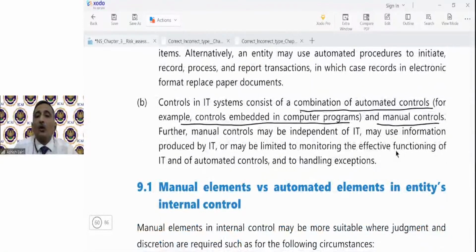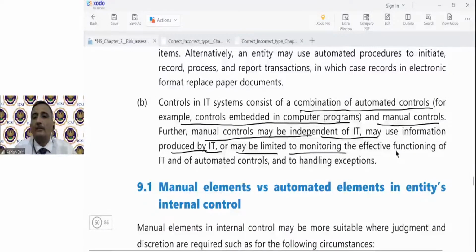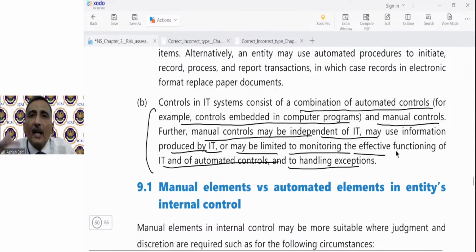And manual controls may be independent of IT, or may be produced by IT, or in some way may be dependent upon IT. So जैसे like we had discussed about IT dependent controls.